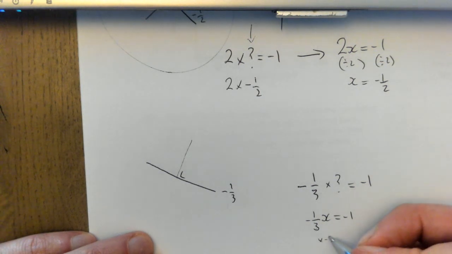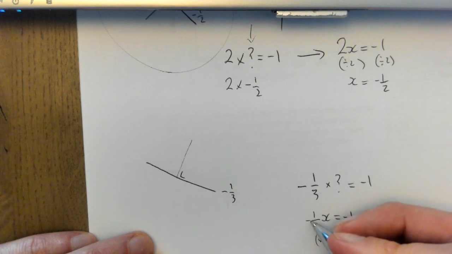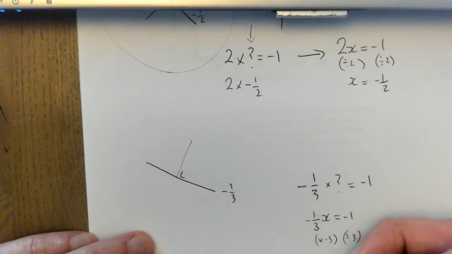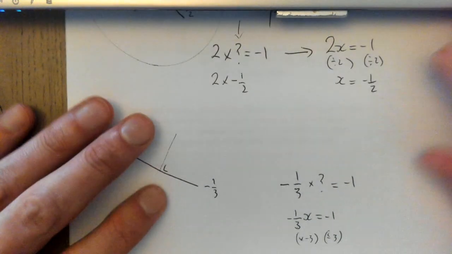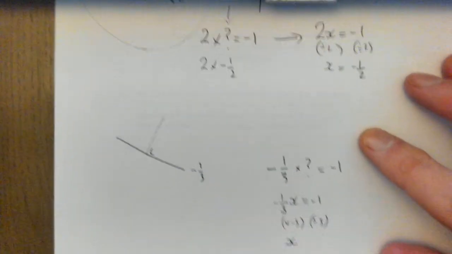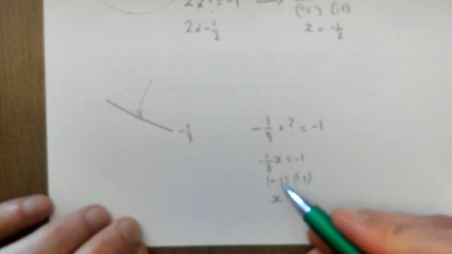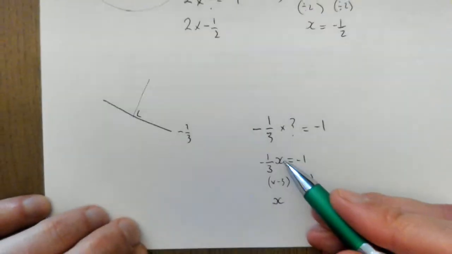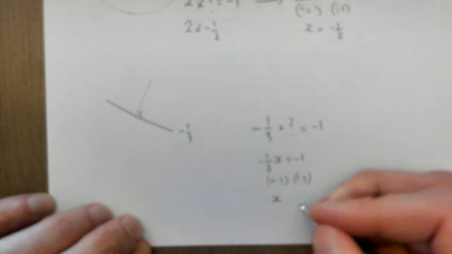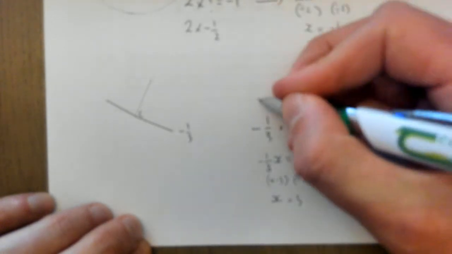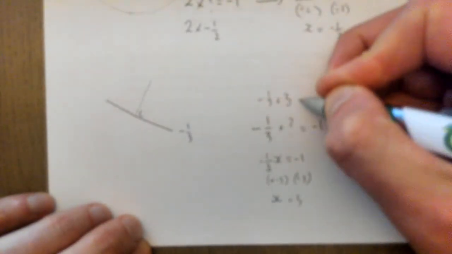Multiply both sides by -3. -3 times -1/3 just gives me 1x. Sorry. -3 times -1 is equal to 3. So -1/3 times 3 is equal to -1. So the slope of this line is 3.